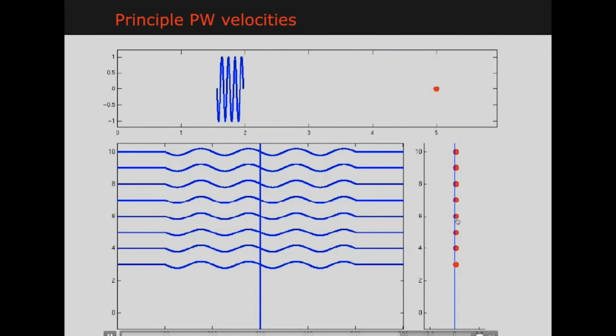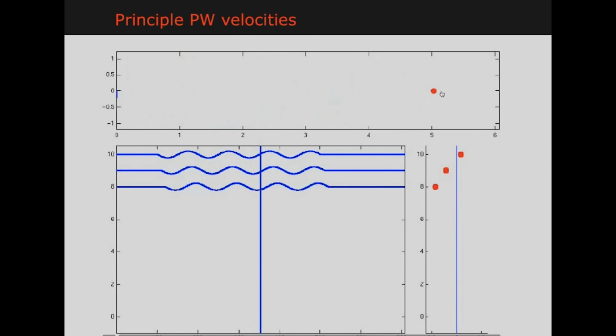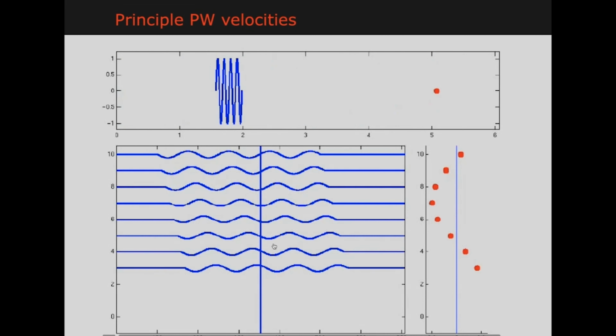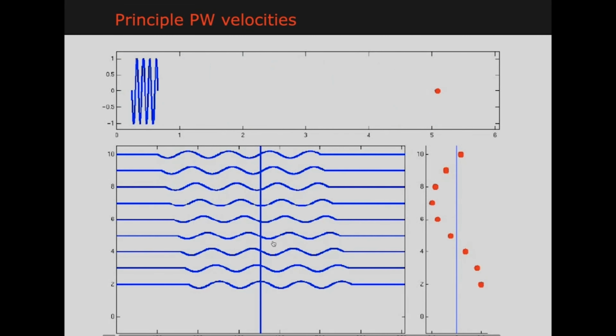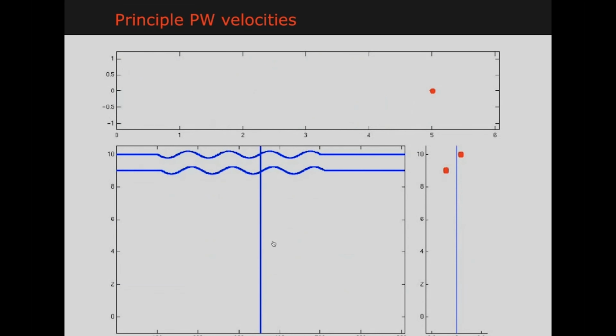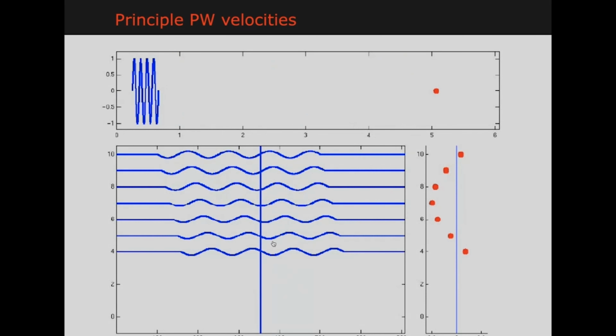Nothing is happening. Now, if we have the same object, but it is now very slowly moving away from the transducer, as you will see here, every time the object has moved a little bit further, so the reflections are coming slightly later. So we see a slight shift in consecutive reflections.